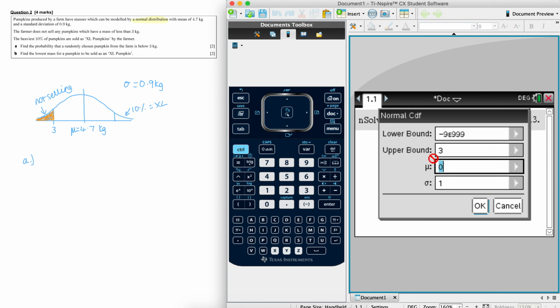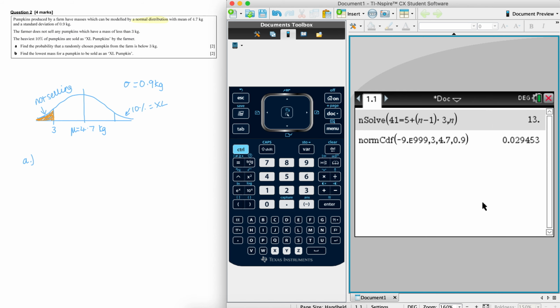The mean is 4.7 and the standard deviation is 0.9. And that gives me an answer of 0.029453, which I can rewrite to 3 significant figures as 0.0295, or you can also write it as a percentage, which is 2.95%.